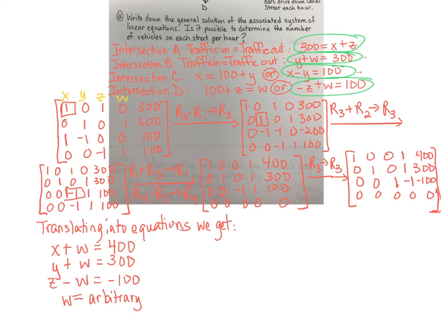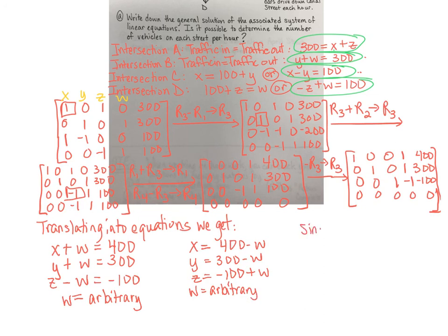So solving for x, this is your system. What this means is x is equal to 400 minus w, y is equal to 300 minus w, z is equal to -100 plus w, and w is arbitrary.